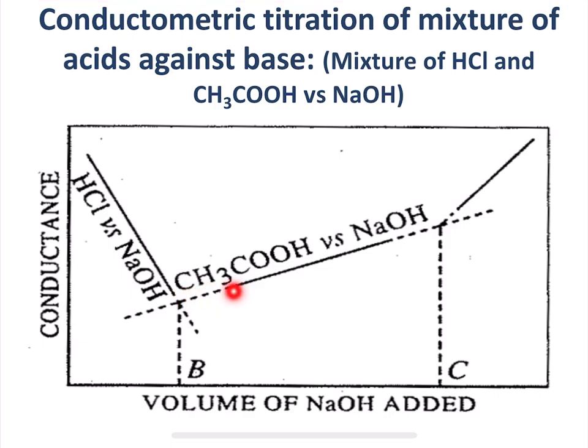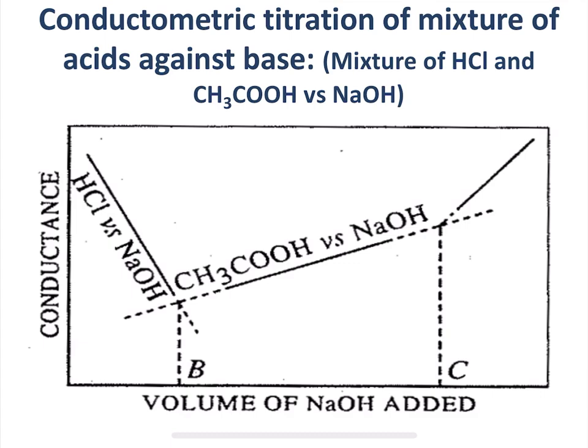Here CH3COONa is formed, and the H+ and OH- are liberated in the form of water. This is called sodium acetate. Since sodium acetate has more conductance compared to acetic acid, the conductance gradually increases.